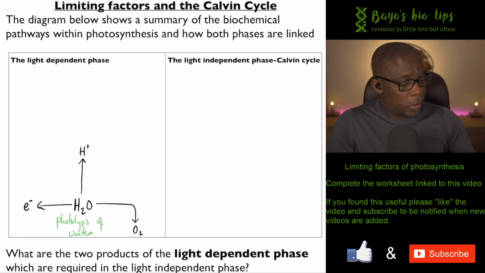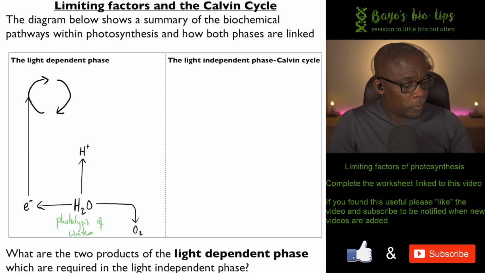During this process, what then happens is the electrons are excited to a higher energy level, and then they end up temporarily binding to a series of electron carriers or photosystems.